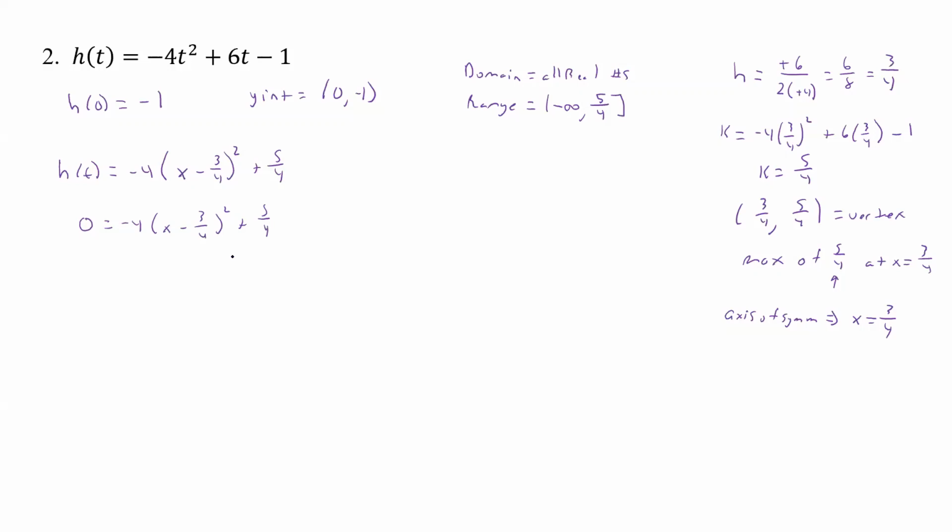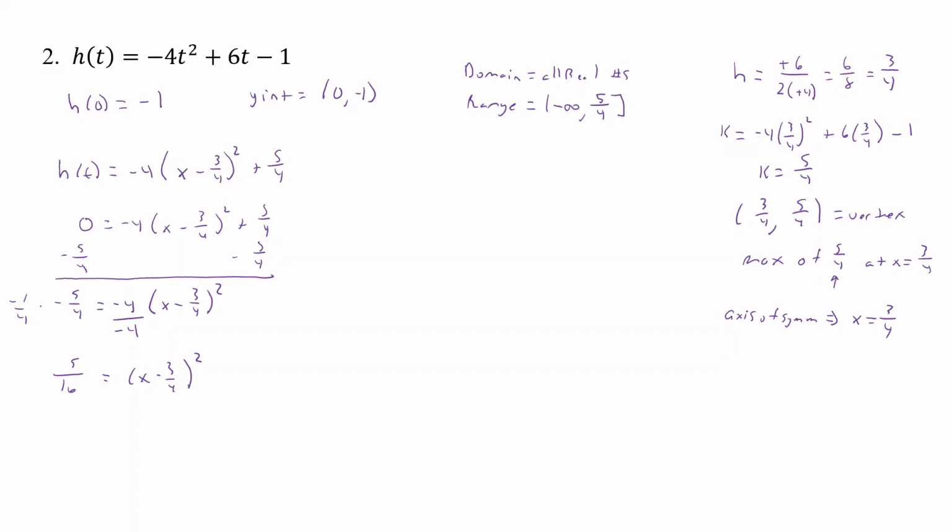All right. So we're going to subtract 5/4 from both sides. And so we have -5/4 equals -4 times x minus 3/4 squared. So now we're going to divide by -4, which is the same thing as multiplying by -1/4. And so that gives us 5/16 equals x minus 3/4, the quantity squared.